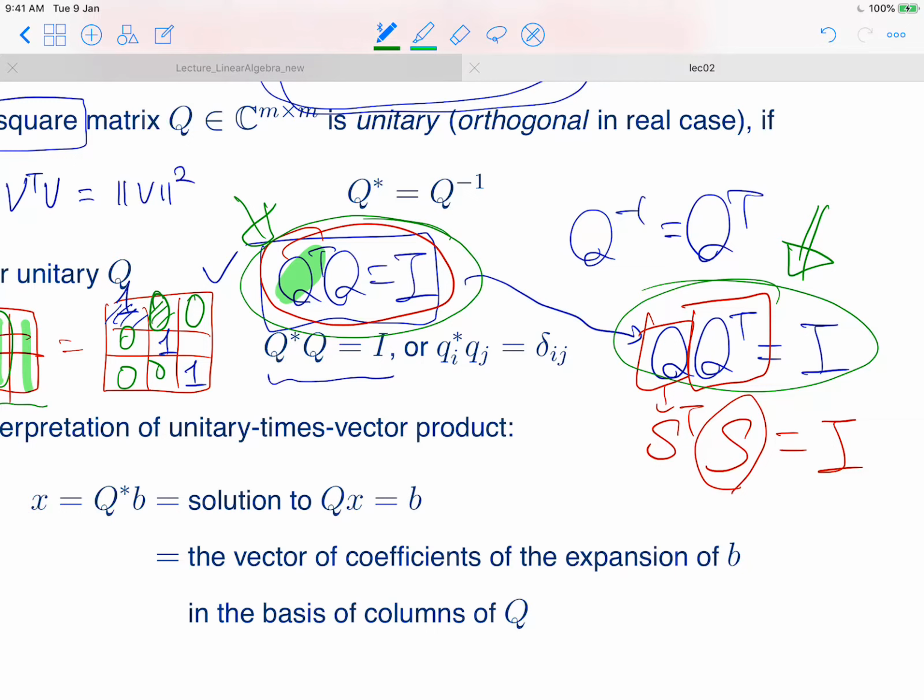And then what does that mean? Take our original input matrix, say S, equal to Q transpose. Then S transpose times S, which is Q times Q transpose, will be the identity matrix. And what does that mean?